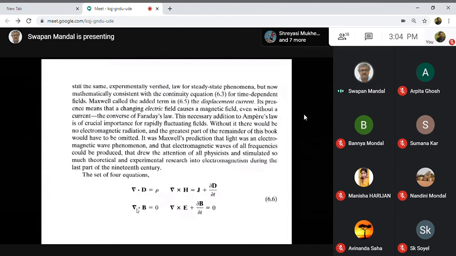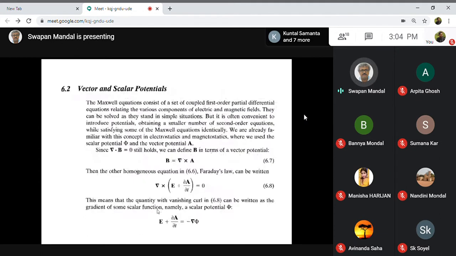So we start with two homogeneous equations: divergence of B equal to 0 and curl of E plus del B del T equal to 0. Since divergence of B equal to 0, B is equal to curl of A, because divergence of B equal to 0 means you can write B as the curl of some vector function.